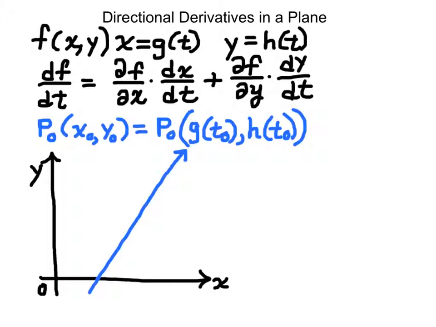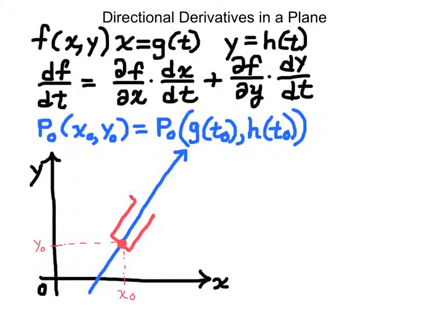And let's draw on top of this our point p naught. So here's p naught. I'm going to sort of dash lines down. So this is our x naught, because this is the point p naught, and this would be y naught. Now let's draw the unit vector from point p naught right here.